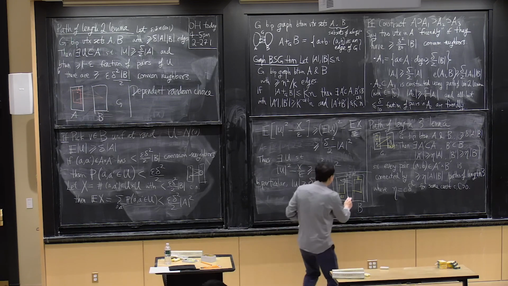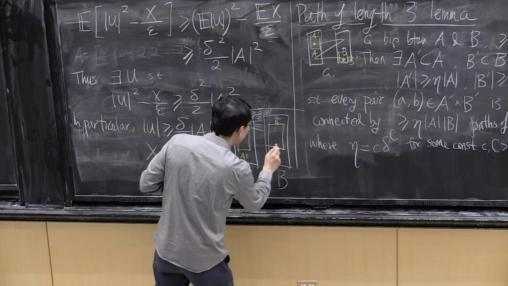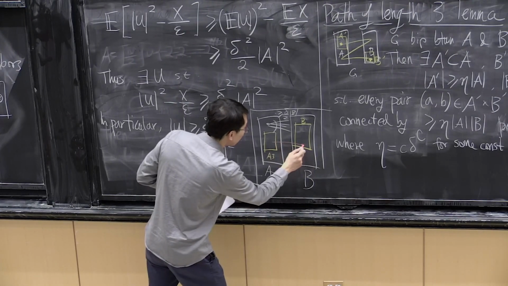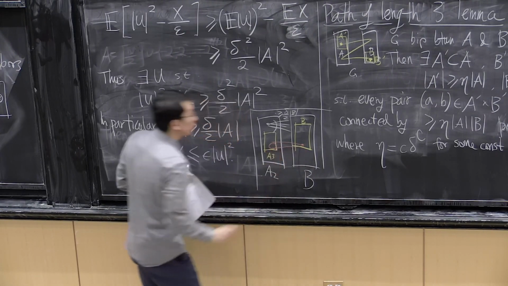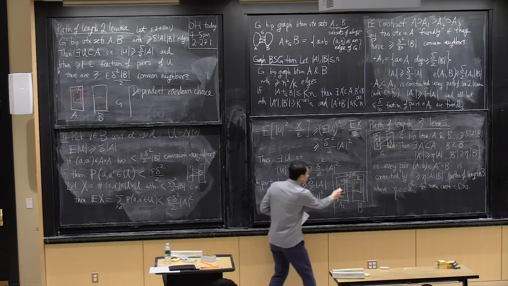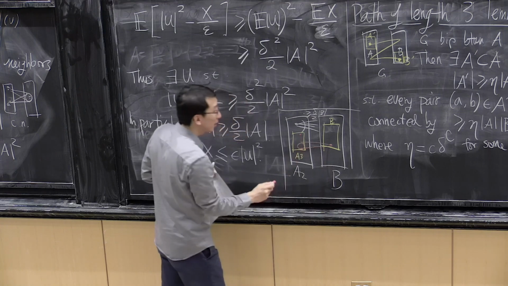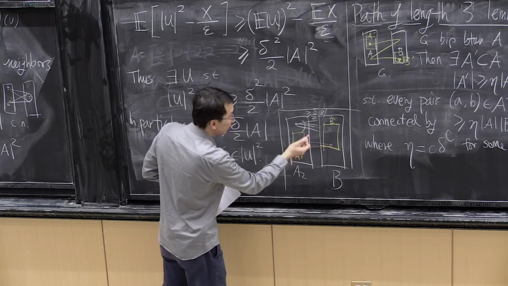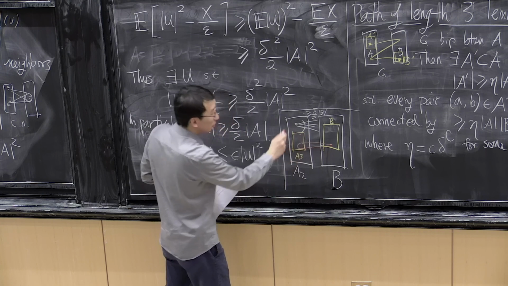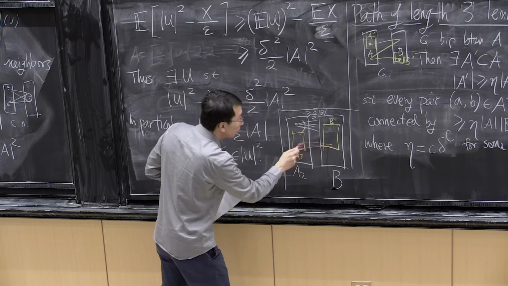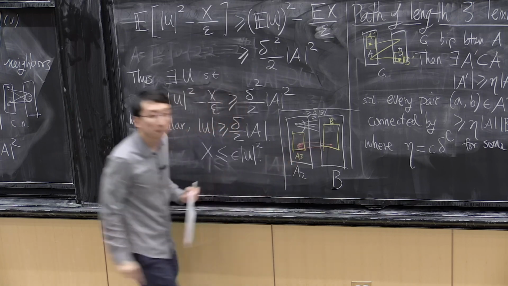If you take a vertex B, it's adjacent to many vertices here, and if you look at the vertex in A, it is friendly to a large fraction, so in particular, it's friendly to all these elements over here.